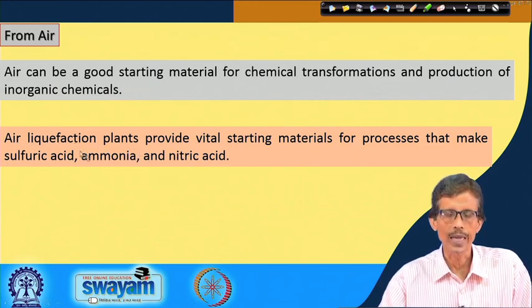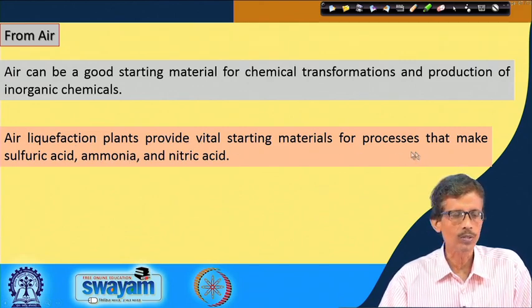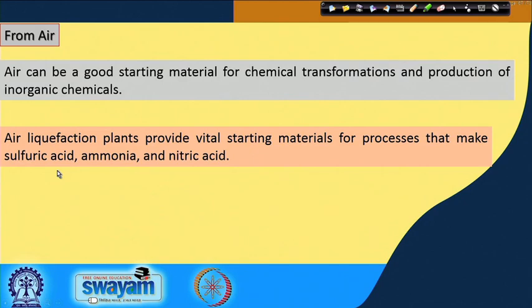The liquid air gives us a vital starting material for processes that make sulfuric acid, because for the oxidation of sulfur we require oxygen. Then nitrogen from air is used for making ammonia, and the same nitrogen can be utilized for making nitric acid.